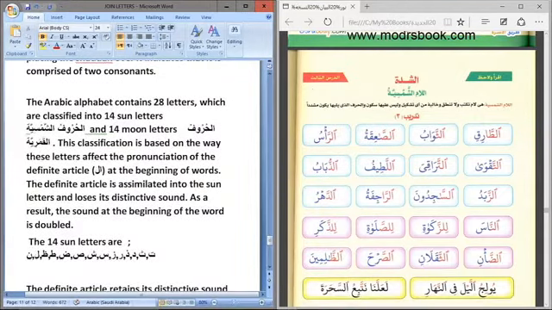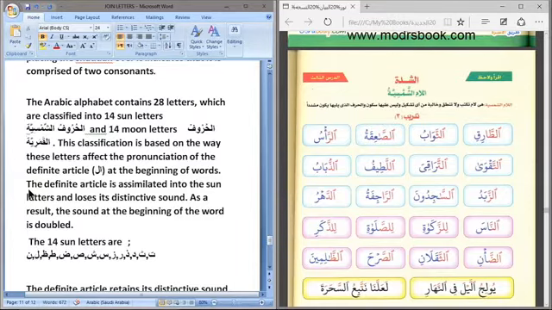If you have the alif and the lam, the letter that comes after the alif and lam will make us know whether such a letter is part of the 14 sun letters or part of the 14 moon letters. So this classification is based on the way these letters affect the pronunciation of the definite article alif and lam, al, at the beginning of words.